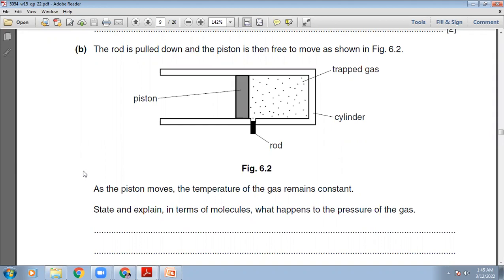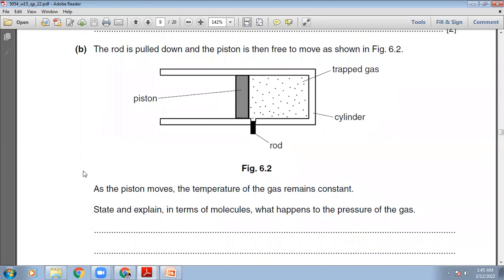So when you have pulled that rod down, that piston is free to move, so that piston will move to the left and this gas will expand. The temperature does not change, but the gas has expanded. So state and explain in terms of molecules what happened to the pressure of the gas?